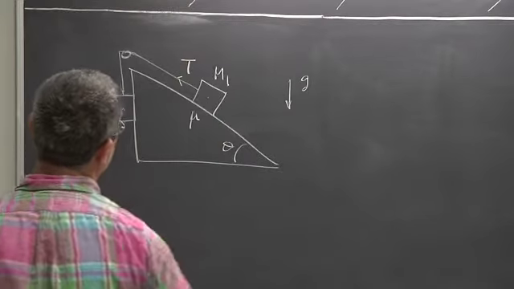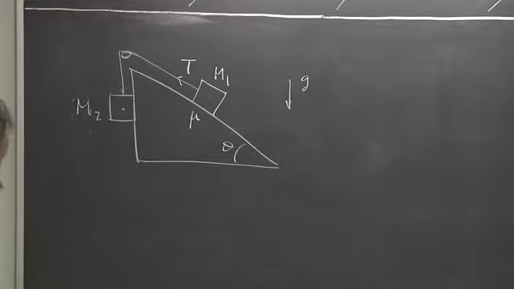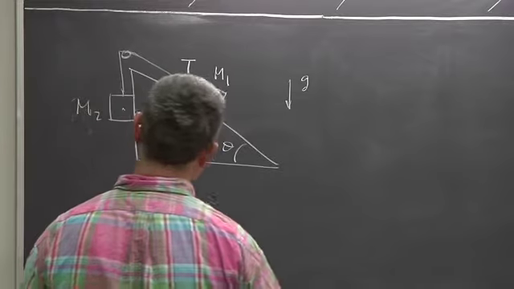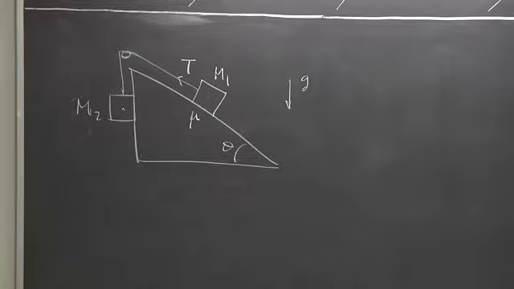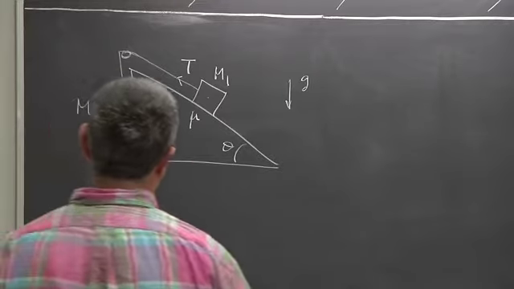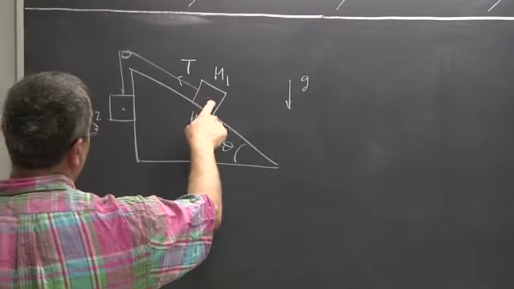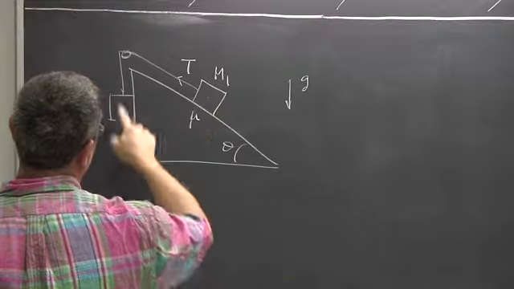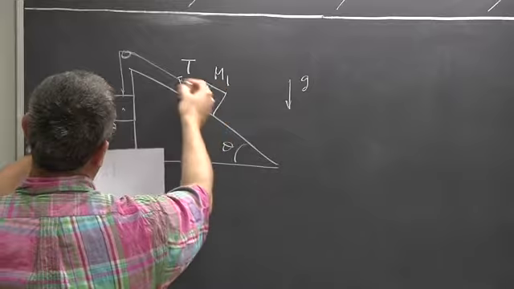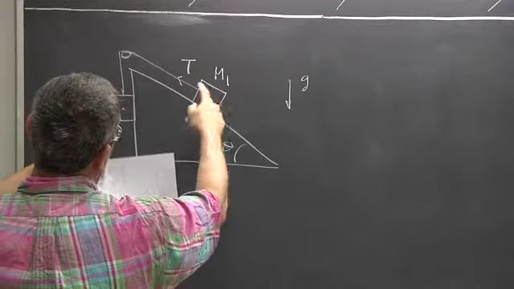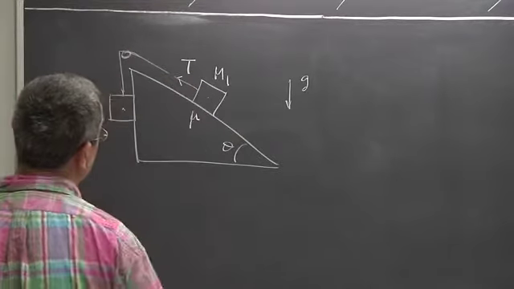Let's call it T. So by using Newton's law, you must be able to find out what the accelerations of these two masses are. Clearly, the two accelerations are the same because these are connected by this string. And what is the tension in the string?